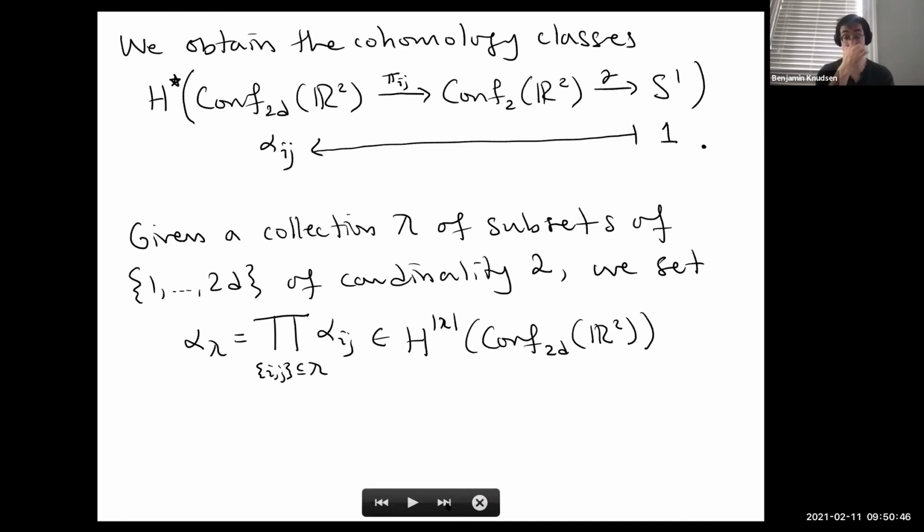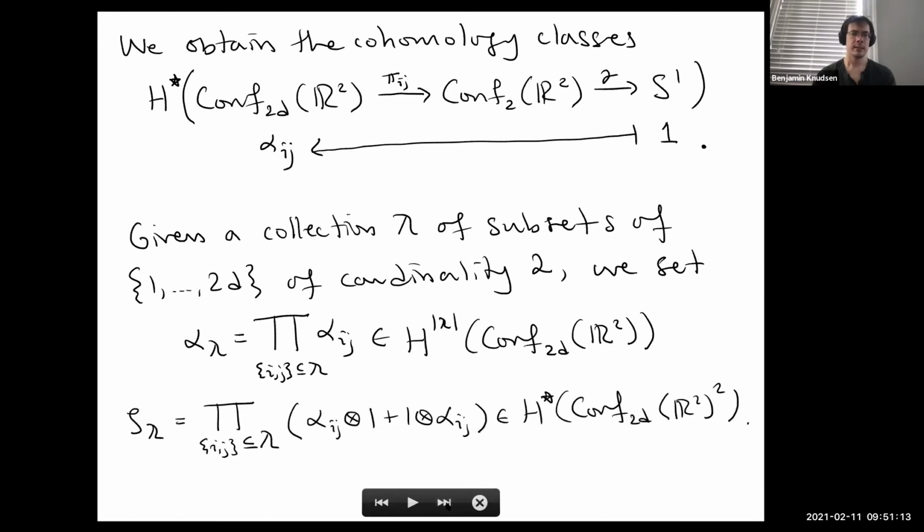And that's going to be a class called alpha lambda, and that's going to live in the size of lambda cohomology of the configuration space of 2D points. Okay, great. And this is independent of the various choices. I guess secretly I'm working mod 2, and so the only ambiguity here would be a sign, and so we don't care about that. But okay, let's not worry too much about the signs.